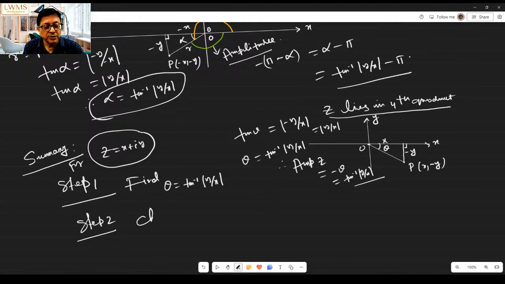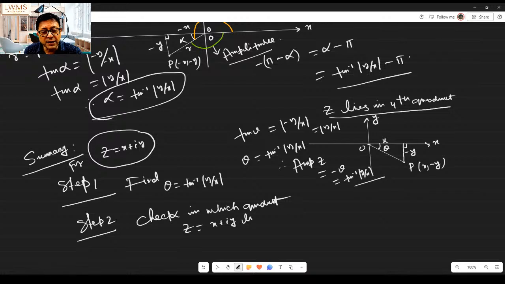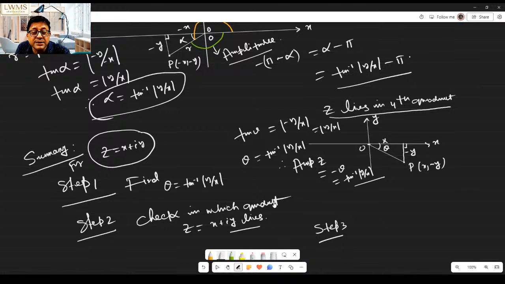Step 2. Check in which quadrant z equal to x plus iy lies. Then step 3 will decide. Step 2 just check in which quadrant it lies. Step 3, we have several cases.